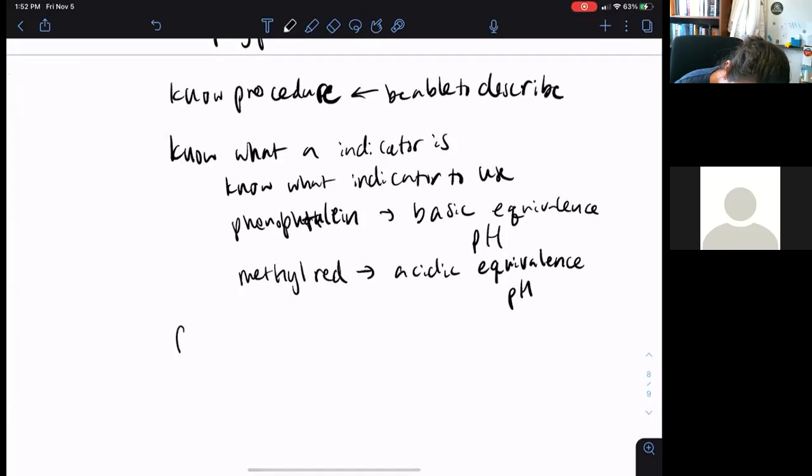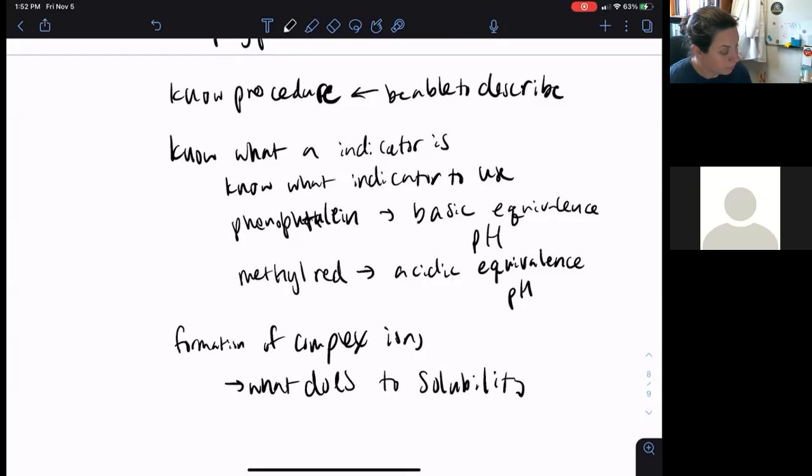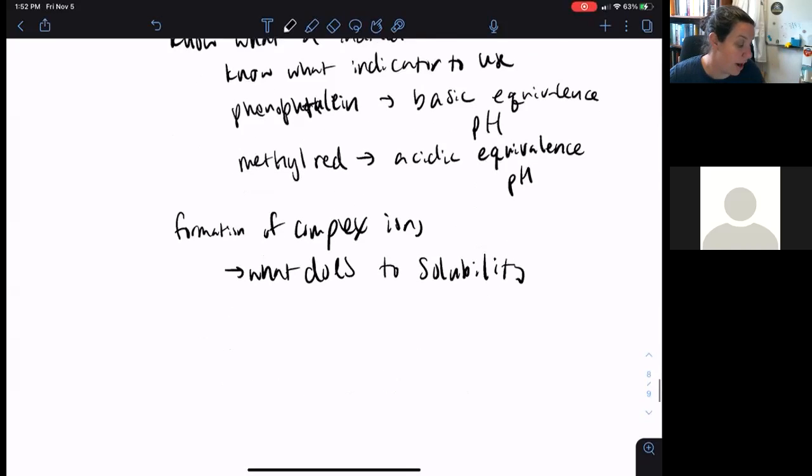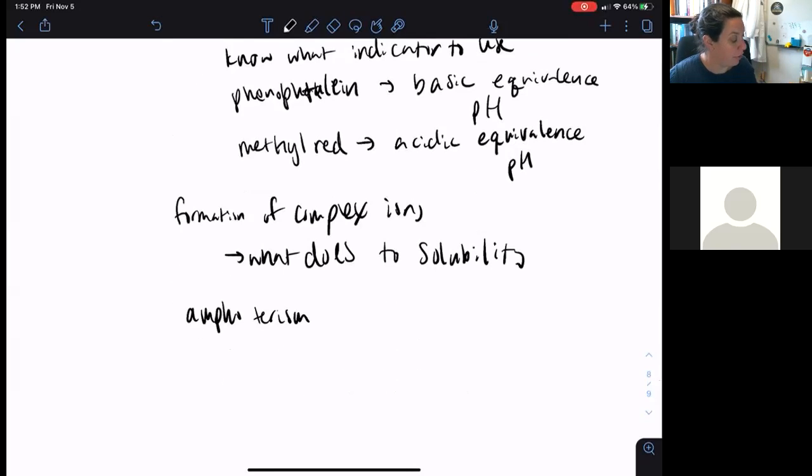You should also know about the formation of complex ions and what that does to solubility. You should know what amphoterism is. So the idea that a substance can be more soluble in both acid and base versus pure water.